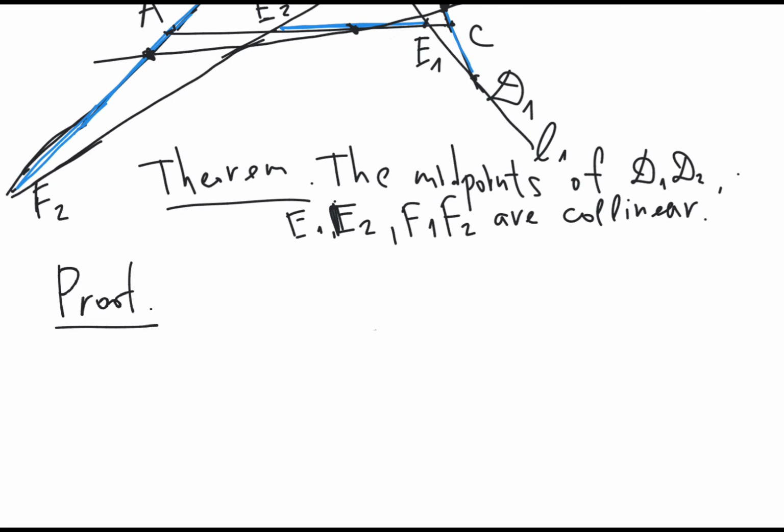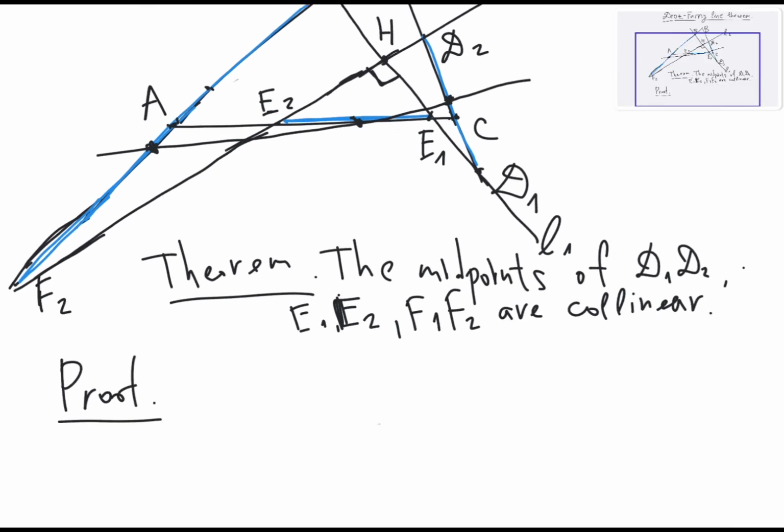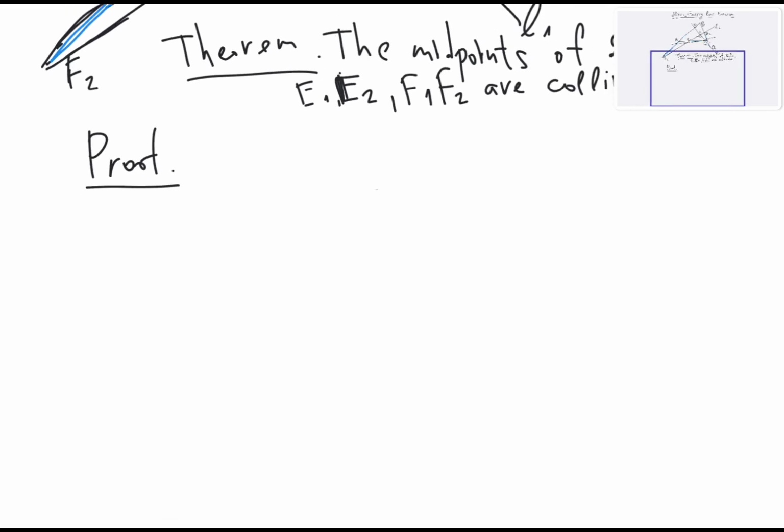I will use several other known theorems that I already proved in the previous videos. In particular, one of the theorems is that the reflections of the orthocenter with respect to the sides lie on the circumcircle. So let me state it.